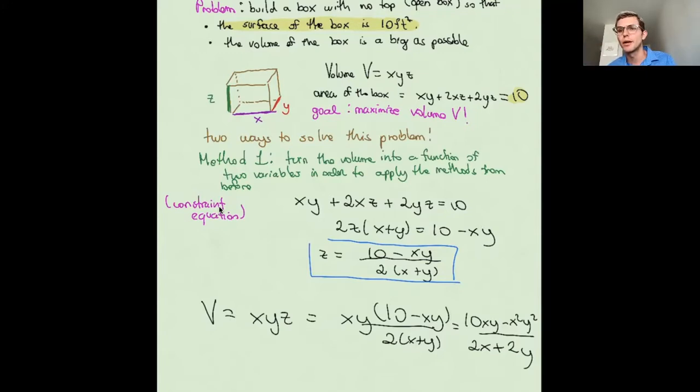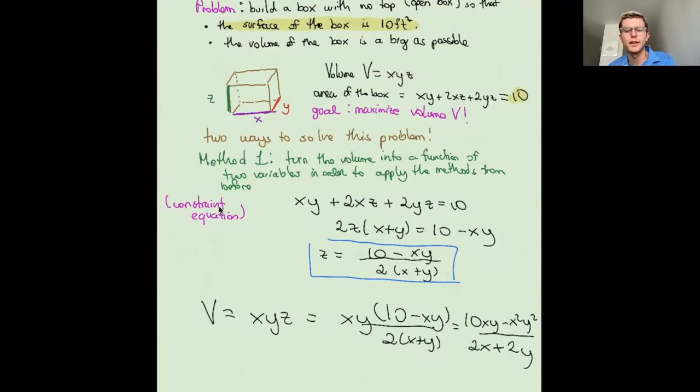The only way for this problem to become interesting is if you have some extra condition telling you that your box must satisfy at least some other property. Is that making sense? Because otherwise the volume could just grow as much as you want.